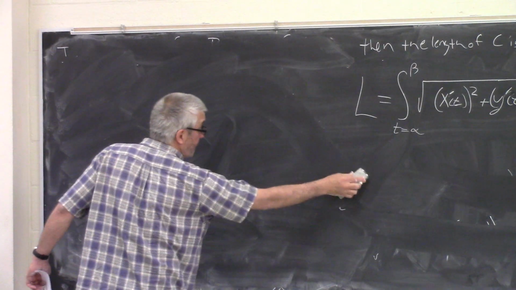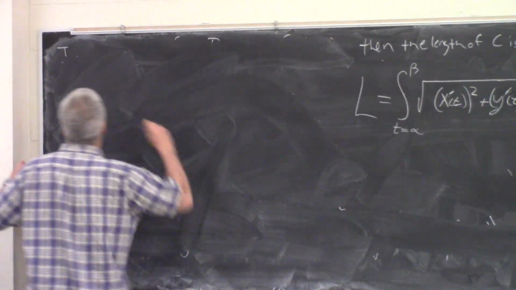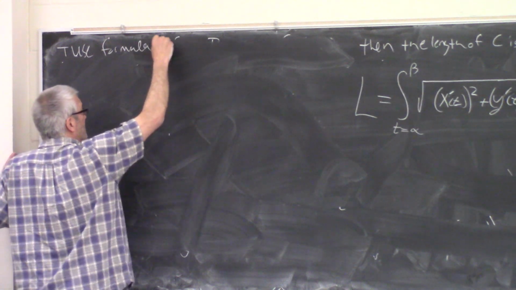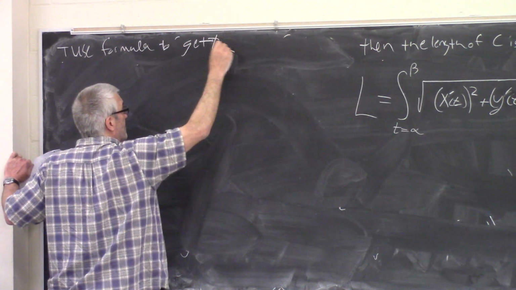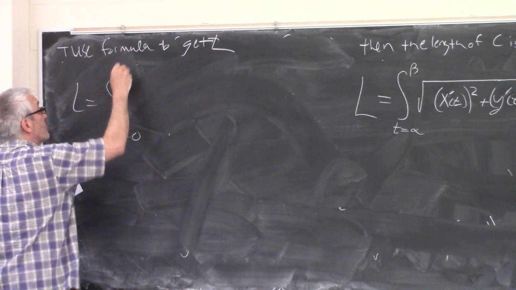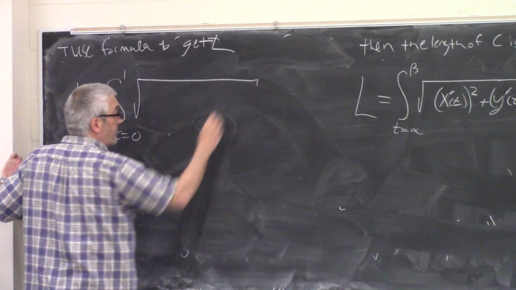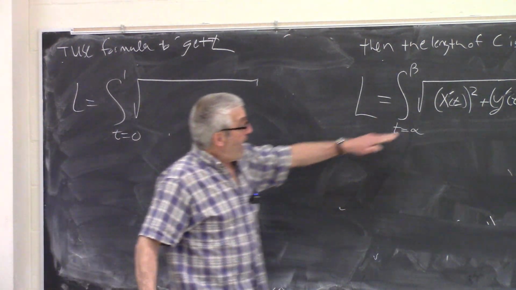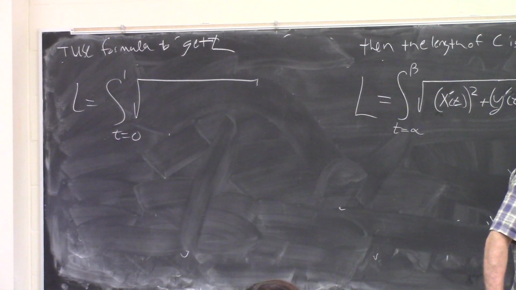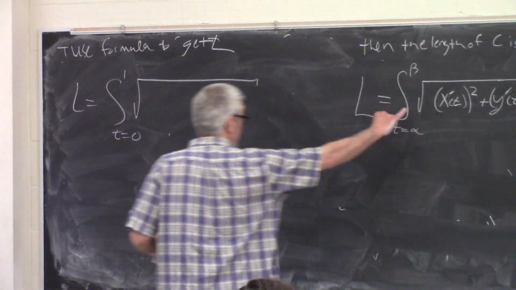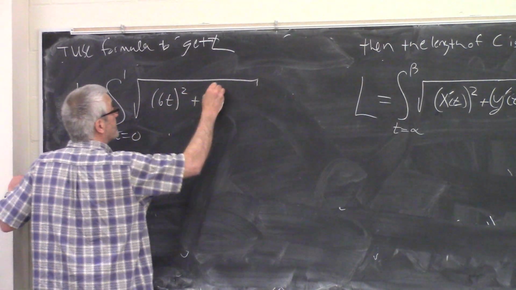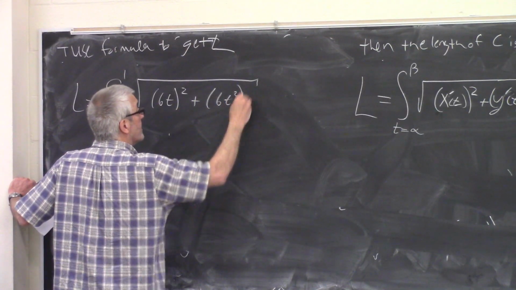So we're going to use that formula to get L. So L is going to be the integral from t equals 0 to 1 of the square root of, now I'm going to save some time here, I'm going to have x prime squared. Okay, x prime is already over here. x prime is just 6t. So I'm using that formula. So I have 6t squared plus 6t squared squared.